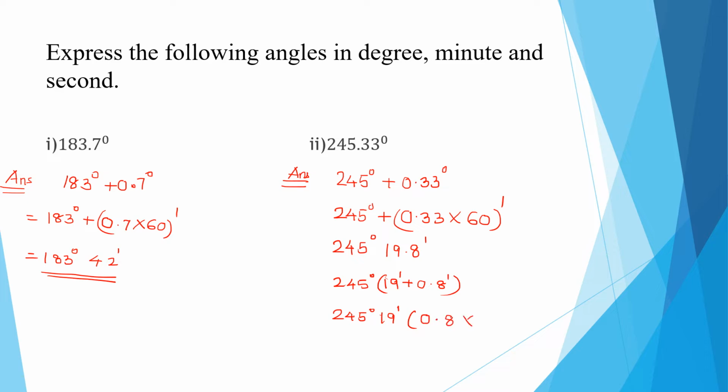So I'll write 0.8 into 60 seconds. So final answer will be 245 degree 19 minutes and 8 6s are 48. So 48 seconds. So the final answer for 245.33 degree is 245 degree 19 minutes 48 seconds.